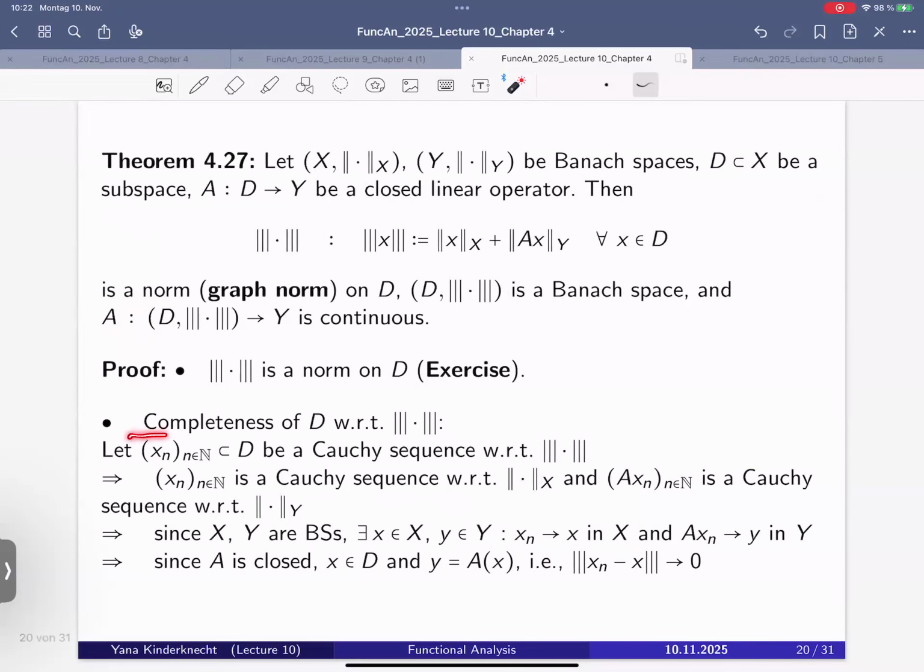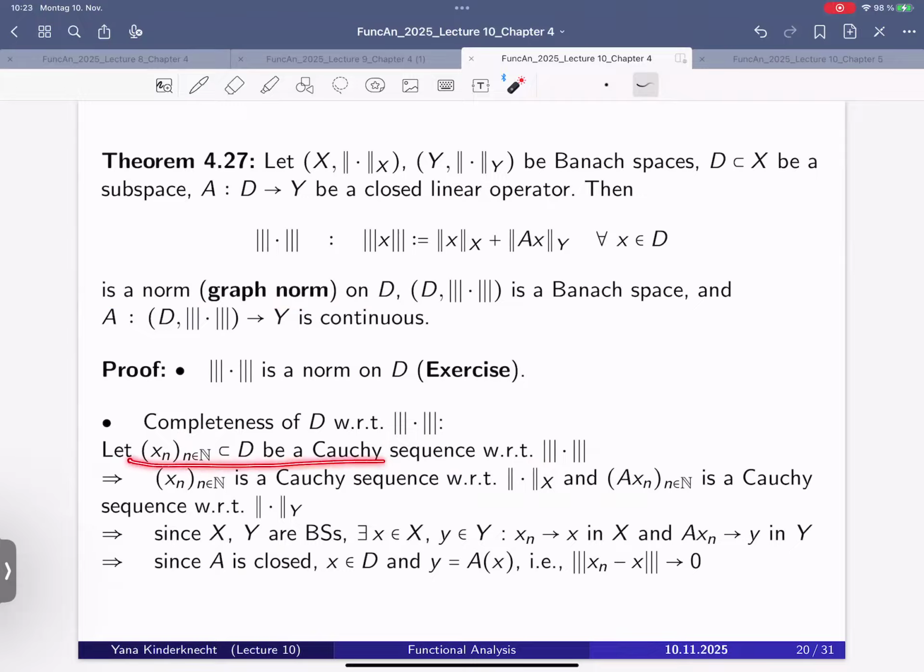Second, let us show that the set D is complete with respect to this norm. So let Xn be a Cauchy sequence in D, Cauchy with respect to this new norm. This is the graph norm, the so-called graph norm.